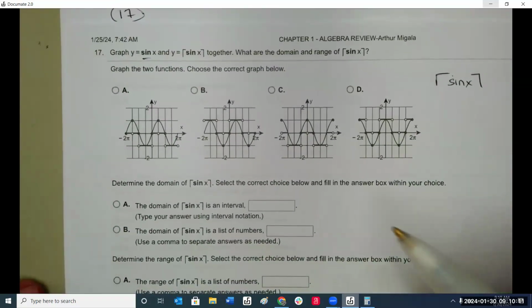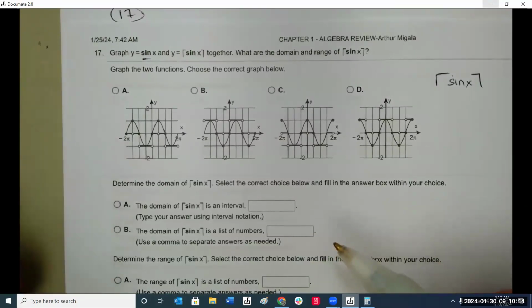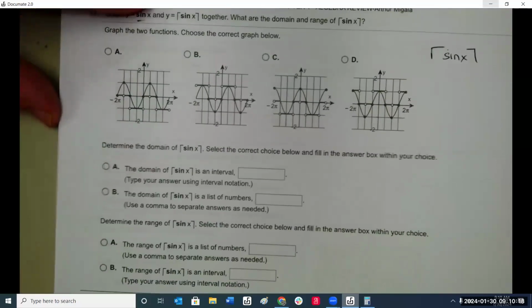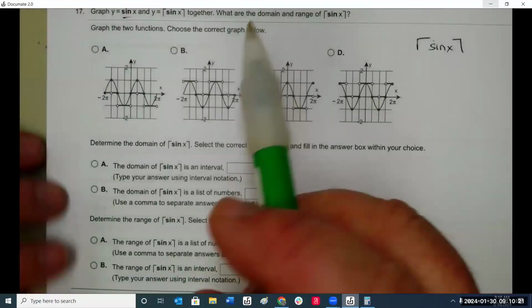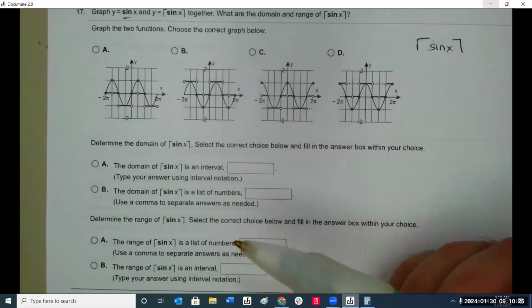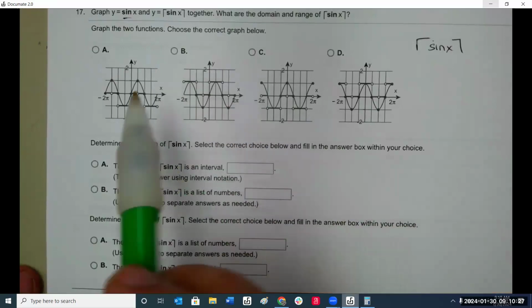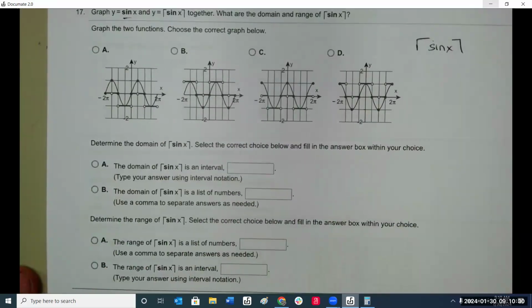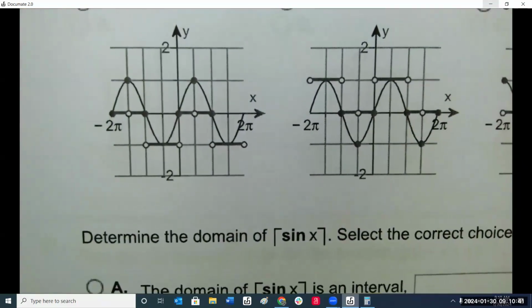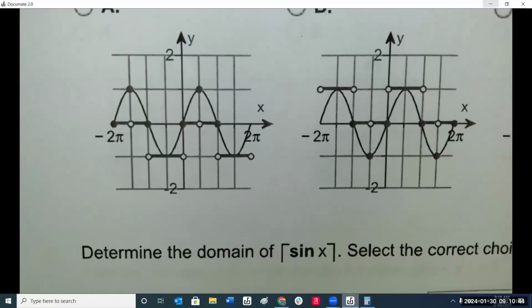Well, let's figure it out. So, what is this asking? What are the domain? Okay, so if we graph both of these together, what do we get? Which one of these is the sine function, first off? Is that the sine function?